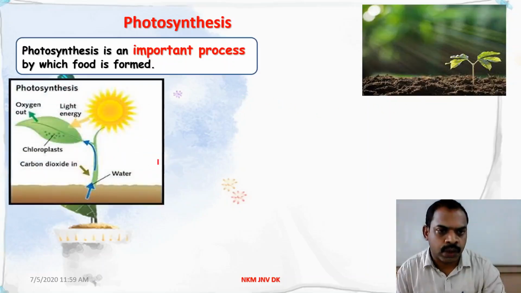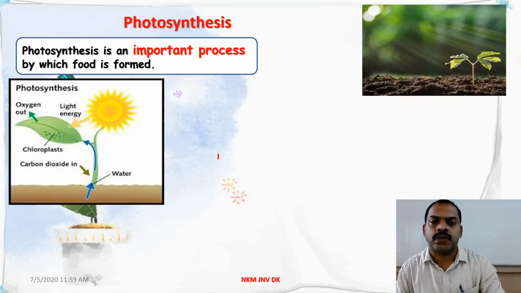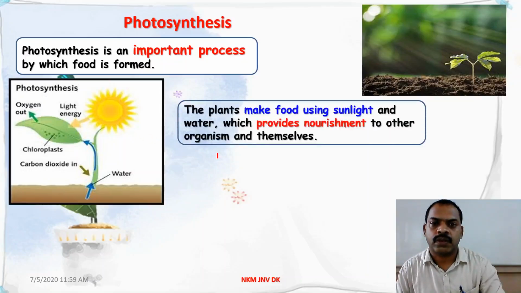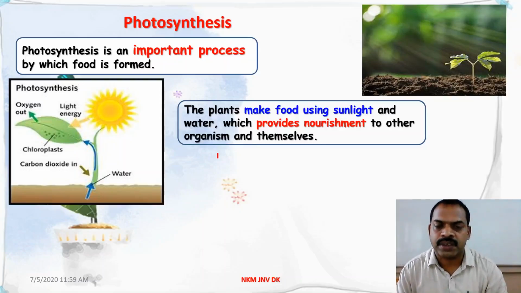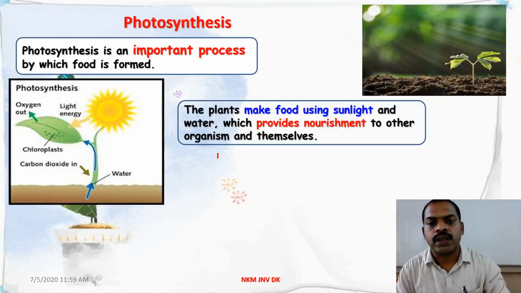The plant uses water and carbon dioxide, and utilizes them in the chloroplast. By using the energy of the sun, they produce glucose. That is the food they prepare using sunlight, water and carbon dioxide, and it is required by other organisms.